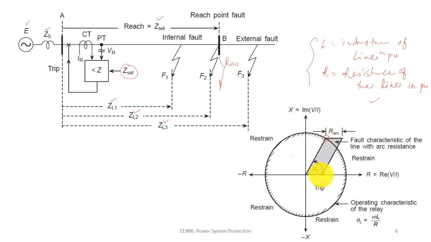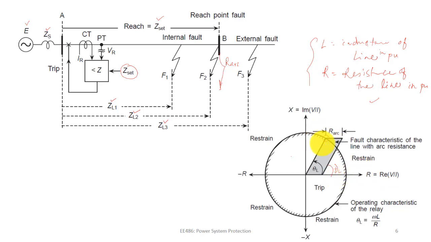Now your fault characteristic for different fault points will be like this, and up to the setting value, the fault characteristic will look like this. Obviously this line makes an angle of theta L, and this line also makes an angle of theta L. They are parallel lines, right?